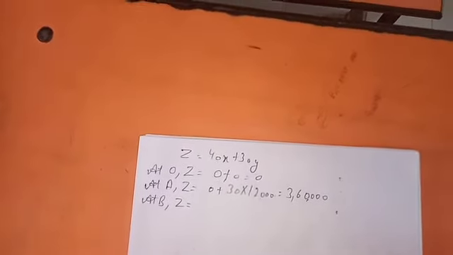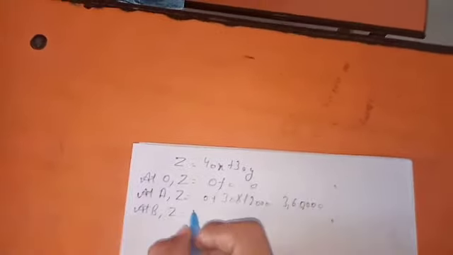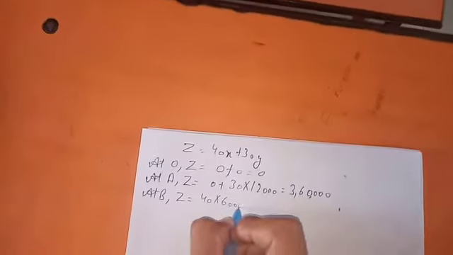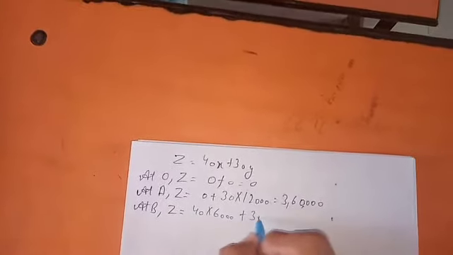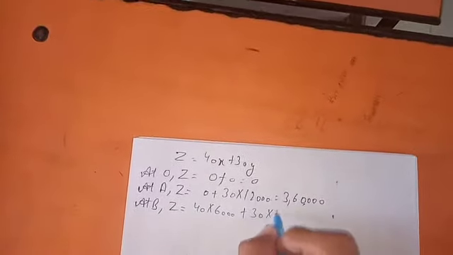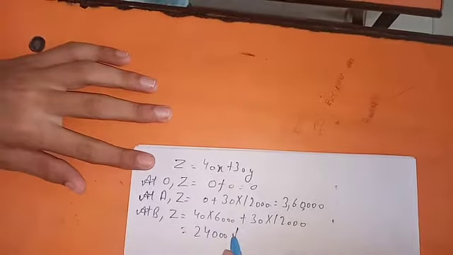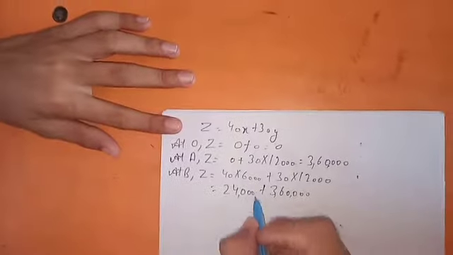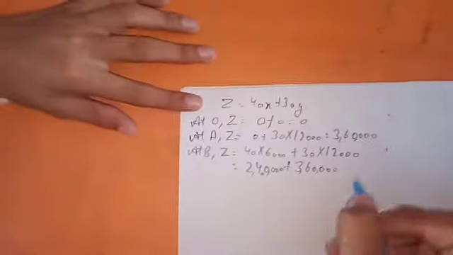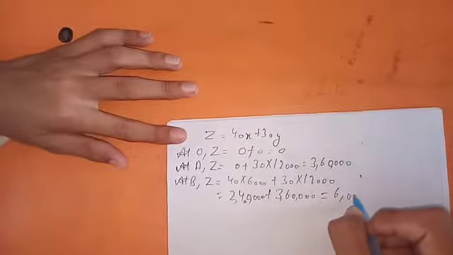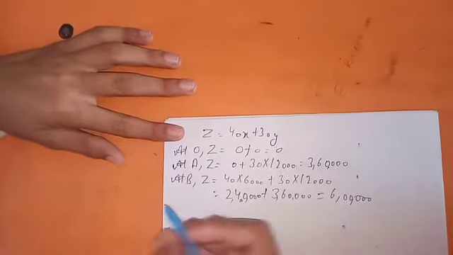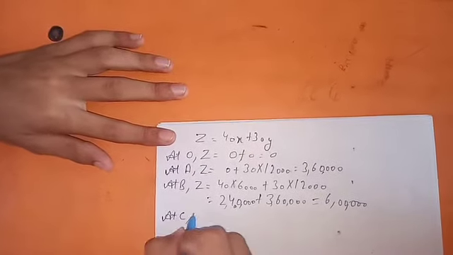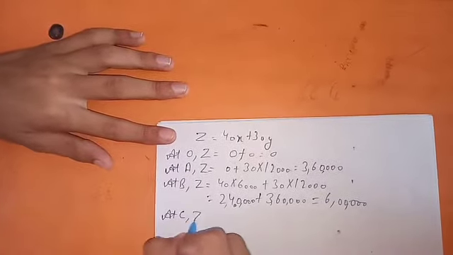Okay. Now at point B, whose coordinates are 6,000 and 12,000. So 40 into 6,000 plus 30 into 12,000. It will be what? 2,40,000 plus 3,60,000. So this total will be 6 lakhs. Okay. And now at point C, coordinates are 8,000 and 6,000.